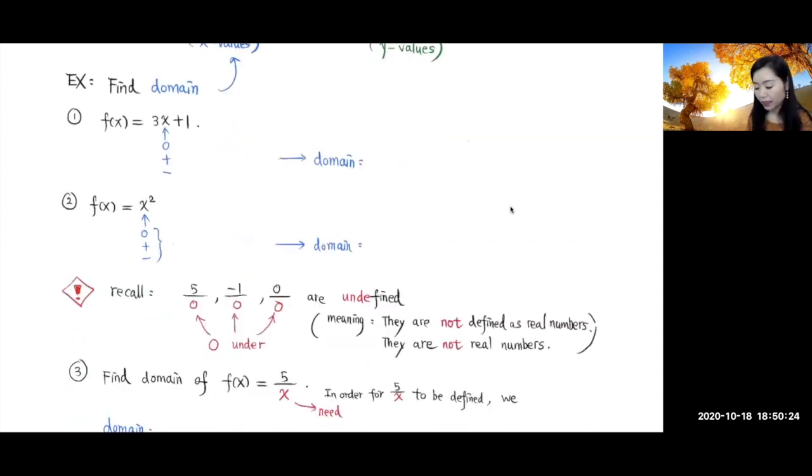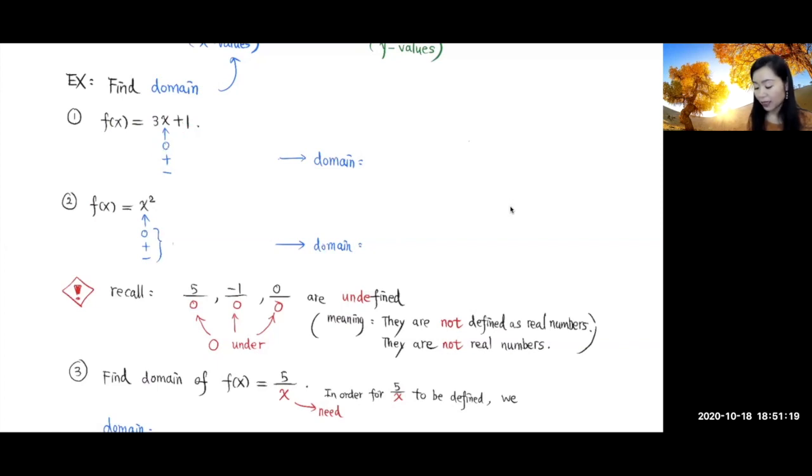Now we try to find the domain for the following functions. Number one, f of x equal to 3x plus 1. Now think about what can we put into x, because domain stands for all possible input. Can we substitute x by 0? Yeah, that way f of x will be 0 plus 1, so it will be 1, right?